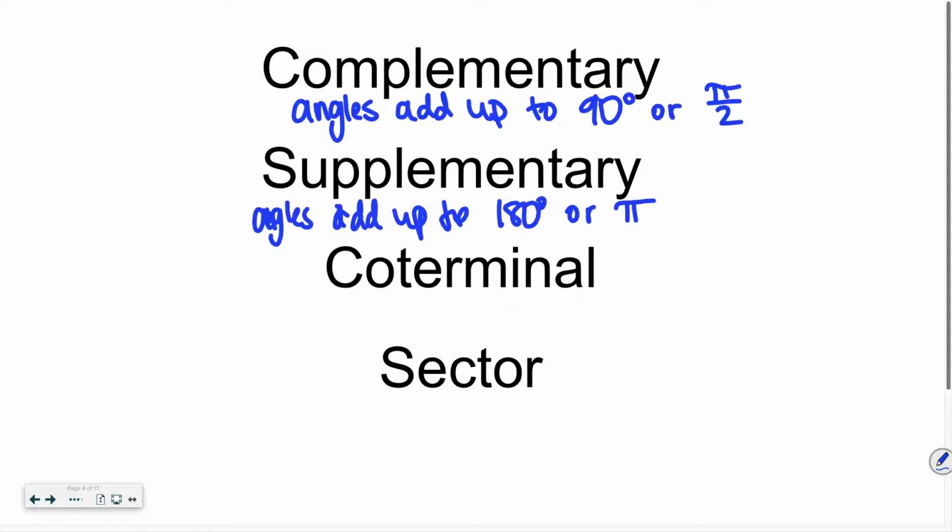Okay? Coterminal. That's probably, like, these are probably ranked from easiest to hardest as far as recalling from last year. Would you agree? Okay, maybe supplementary and complementary can be flipped. But coterminal, all right, we have to think about a little bit more. Sydney, did Pod 7 come up with anything for coterminal?